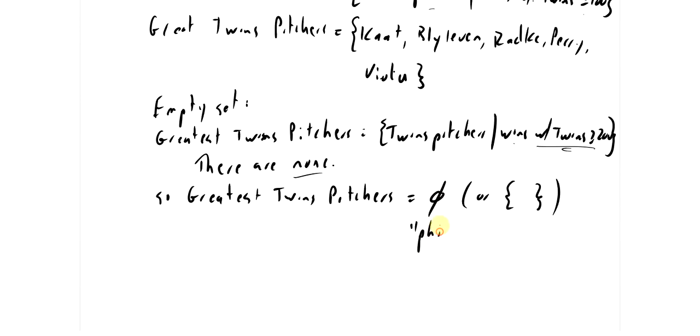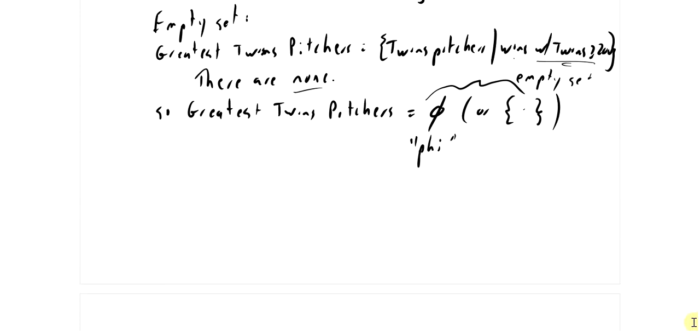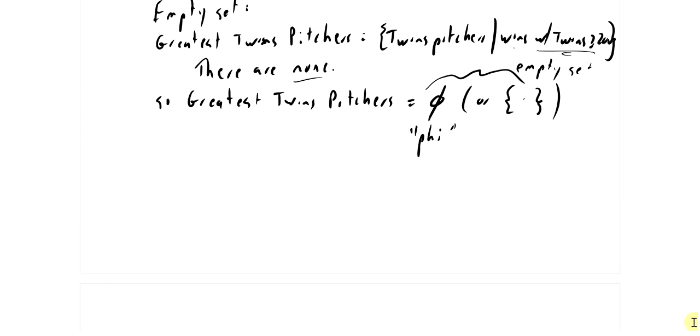It's the Greek letter phi. Or you can write a bracket, right, that denotes a set with nothing in it. So instead of having a list with a bunch of people in it, there's nobody there. This is called the empty set, the set with nothing in it. And you get that sometimes when you're trying to define things in terms of properties, because sometimes there's nothing that has that property. Okay.